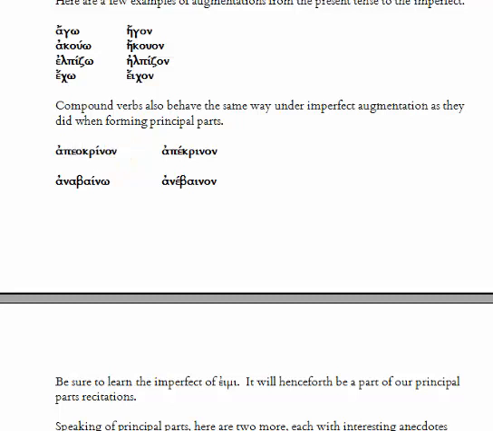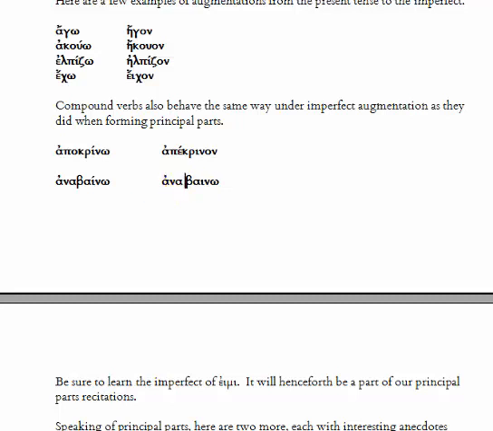Let's go back to what we had here. Same thing: anabaino, the word for going up, becomes anebainon. How do you get that? Well, this is what we would have started with.